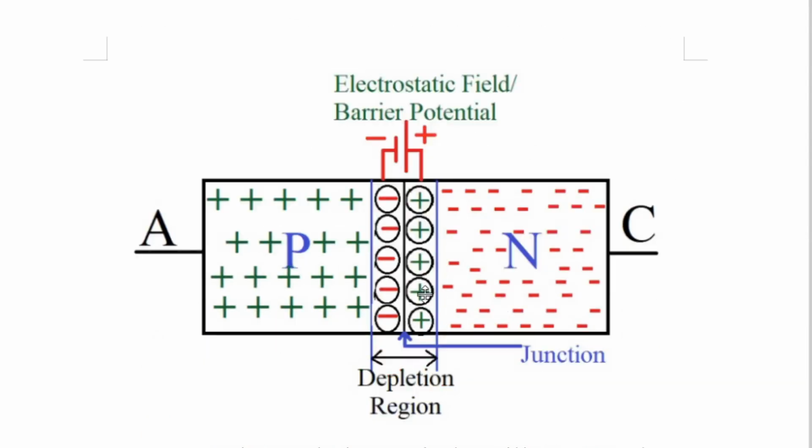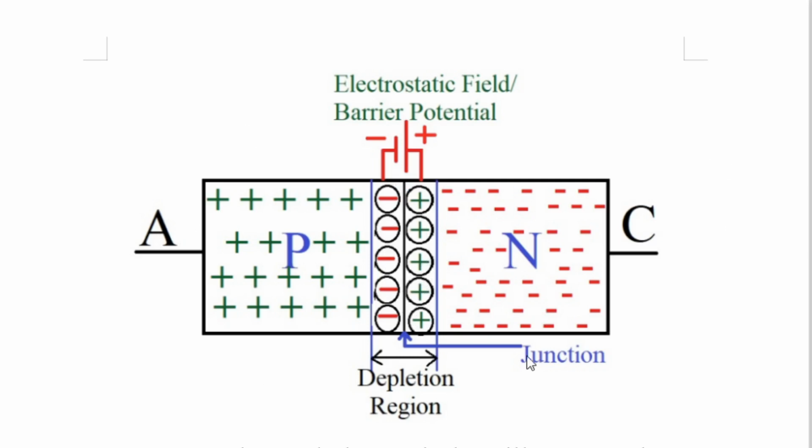So here, most of the time what we feel is that if we apply the external voltage, that is, anode to the positive of the battery and cathode to the negative of the battery, then only the barrier potential gets developed. But it is not like that.